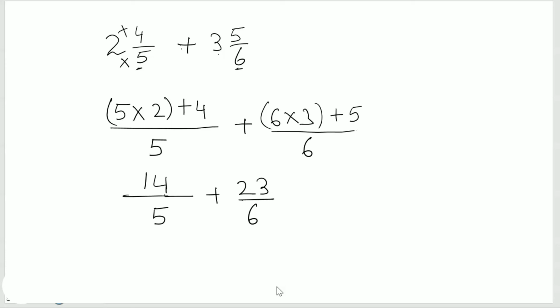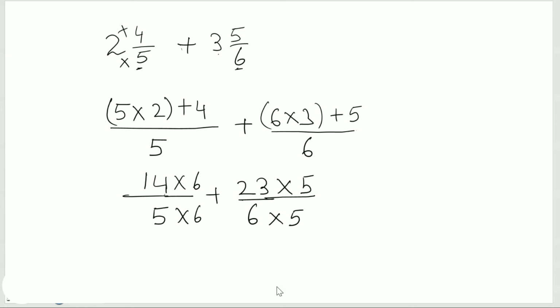Now we know the LCM of 5 and 6 is 30, so we're not going to find it again. Now if I want to get 30 here, I multiply this by 6, 6 times 5, and this by 6. Similarly here I have to multiply by 5 and here also by 5.